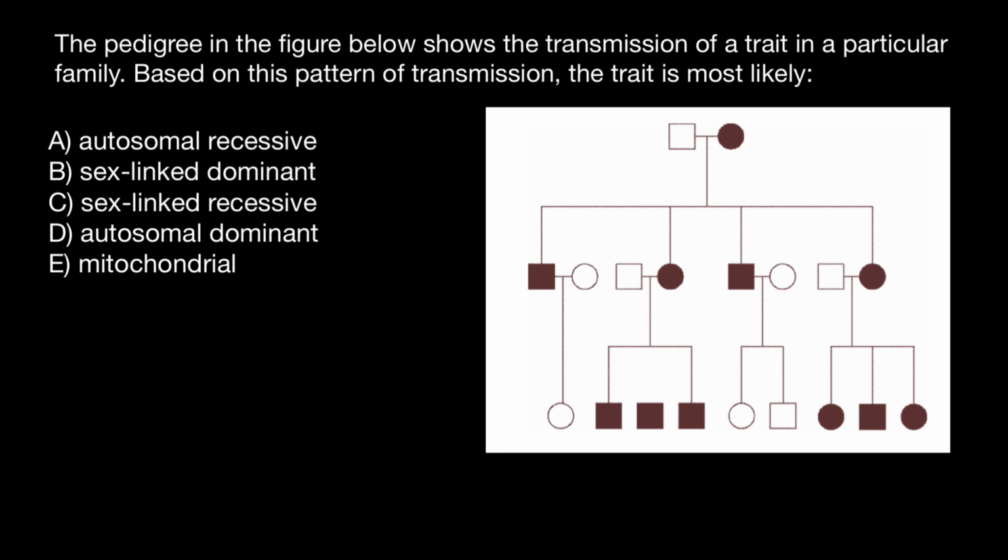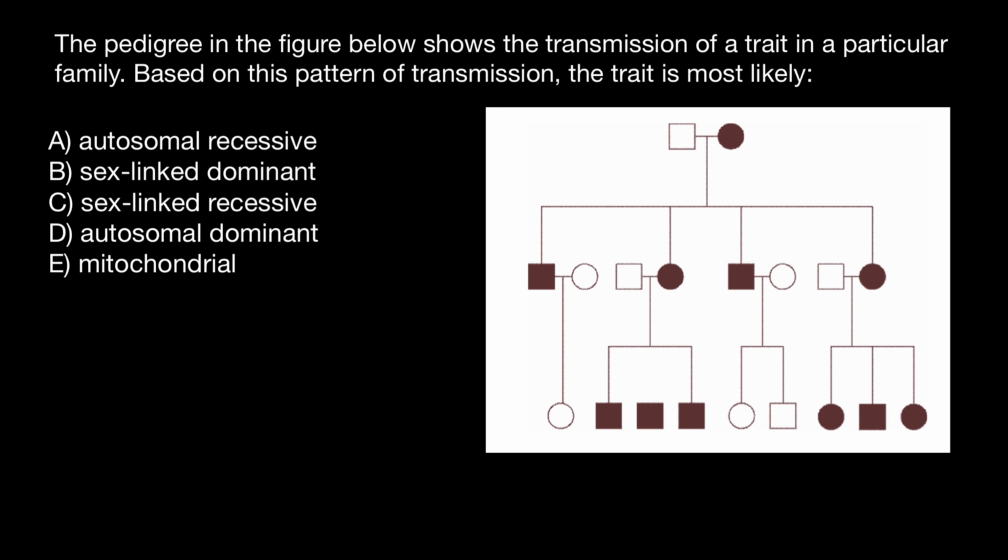This couple: the male is phenotypically normal, the female has this genetic disorder. If we analyze their children, not all the people in the second generation are affected, only this male, this female, this male, and this female, and 100% of their children are affected with this genetic disorder.